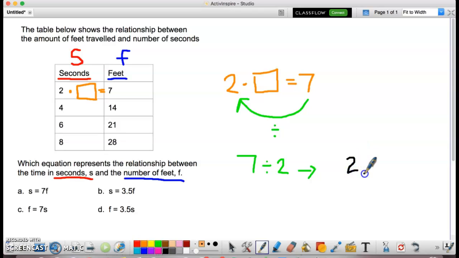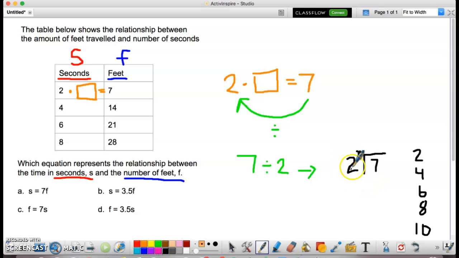How many times does 2 go into 7? And I'm going to just put my little division table over here to help me out. Count by 2's. So this is going to make my division problem easier. And I like to put a little multiplication symbol here to let me know that I need to multiply the number that I'm going to put up here by 2 to figure out the final answer.